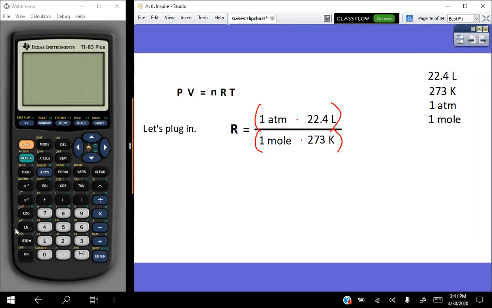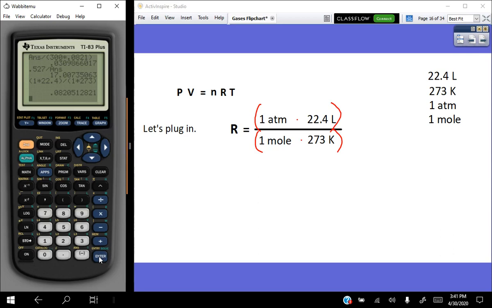All right, so 1 atmosphere, so I use parentheses, 1 atmosphere times 22.4 liters divided by, open parentheses, 1 mole times 273, and I close parentheses.